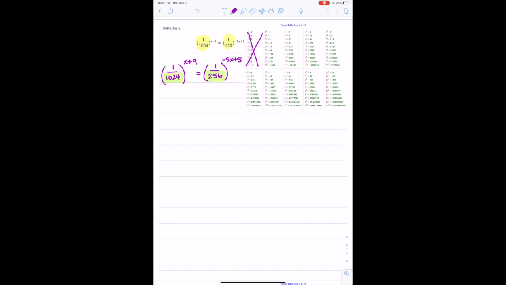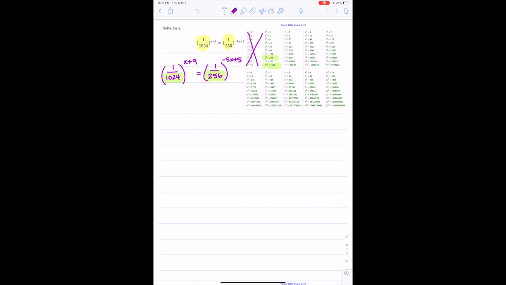To be honest, you will hardly ever use that row. I do see both numbers right here, 1024 and 256.